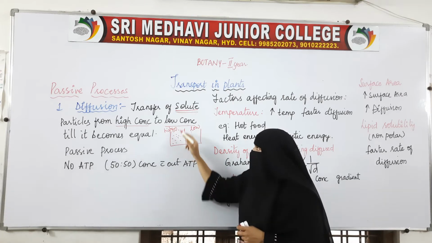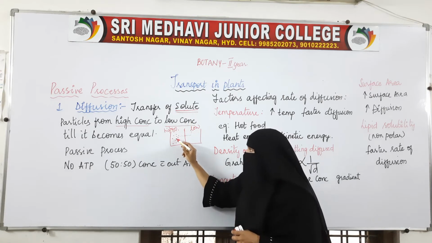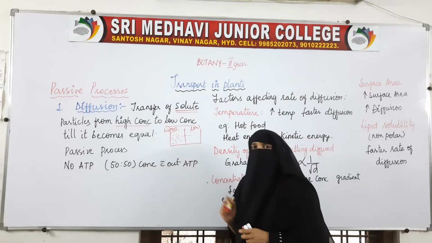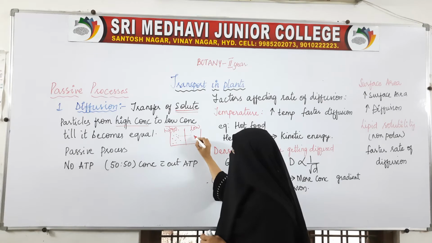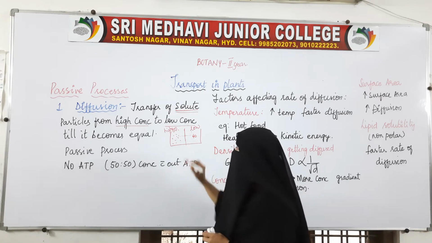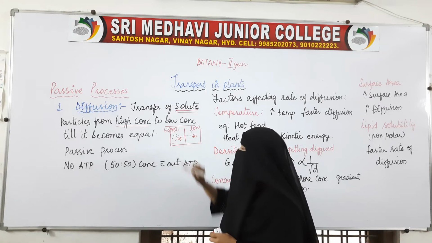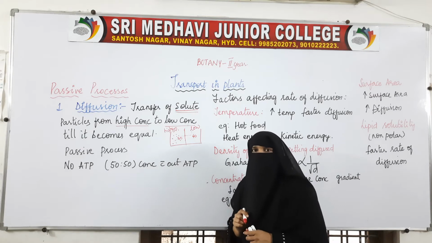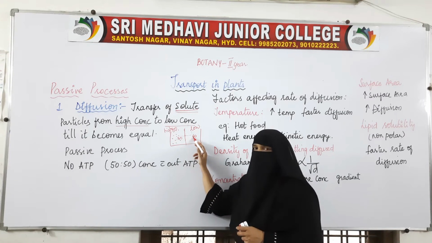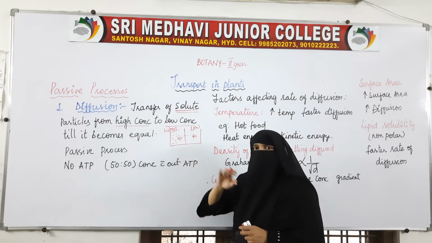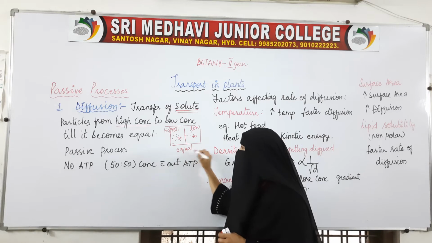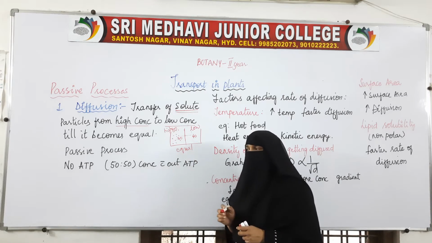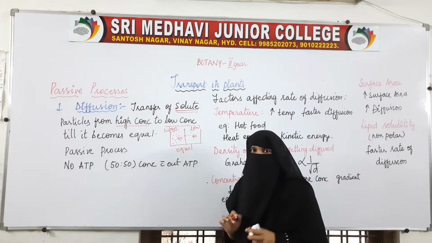So transfer of solute particles from high concentration to low concentration. So from here 80, till it becomes 40 here and 40 here, till then the transfer will take place. But as soon as this side gets 40, here also 40, then the concentration is equal, so there is no transfer.